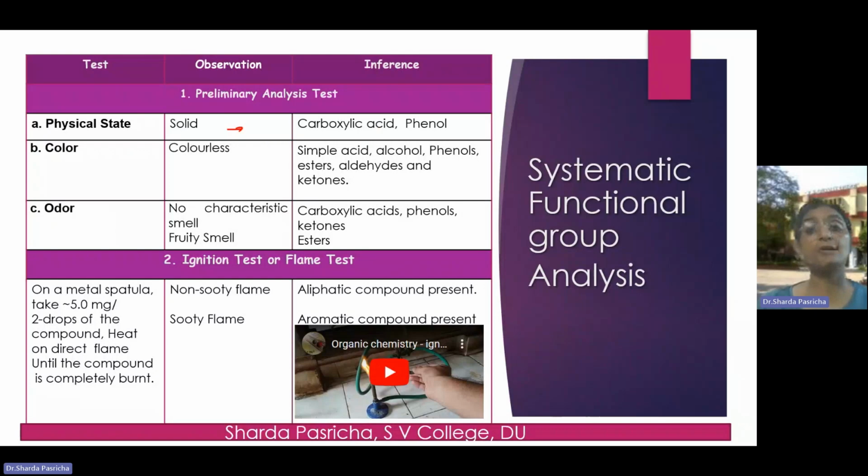Next is the ignition test or the flame test. So on a metal spatula, you will take a few crystals if your compound is solid. And if it is a liquid compound, one drop of the liquid compound on the metal spatula, and heat it on the flame. Okay, heat it on the flame.